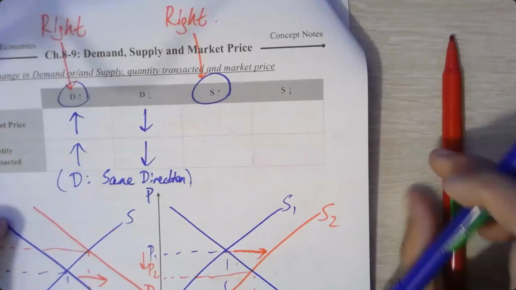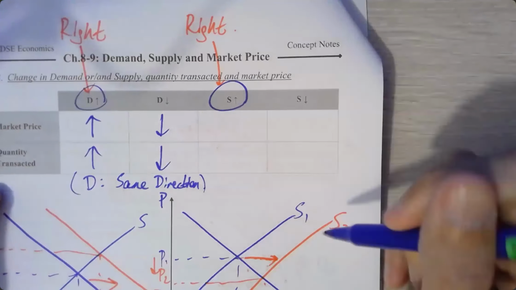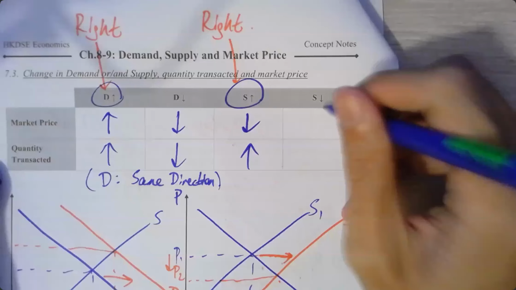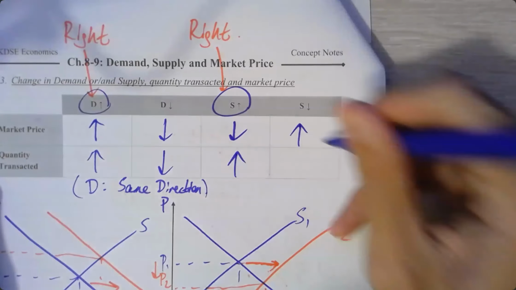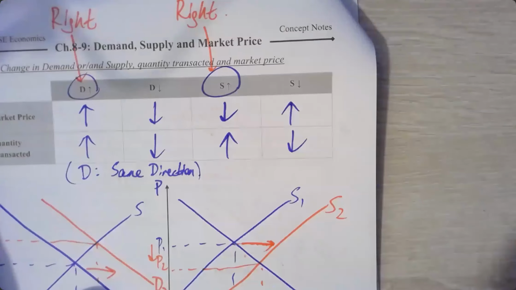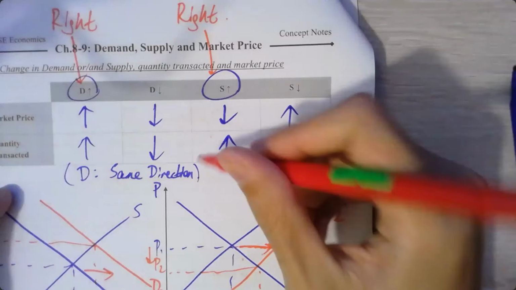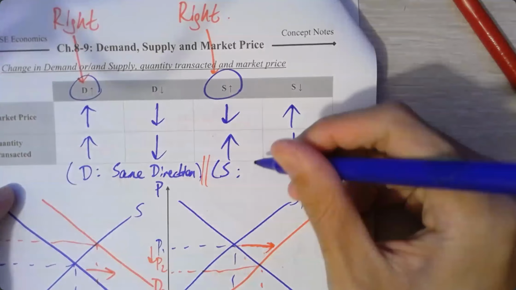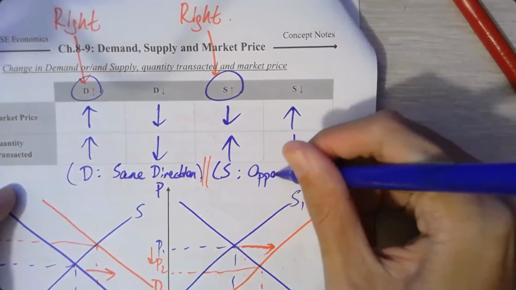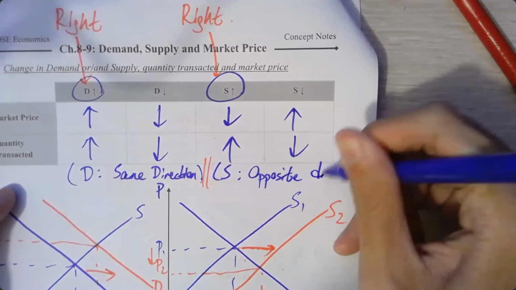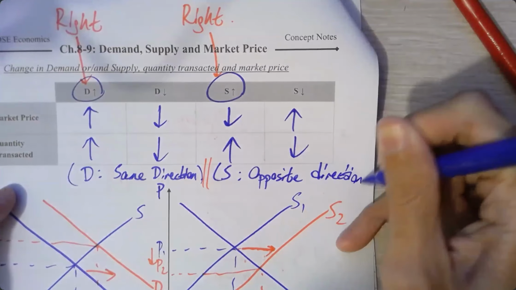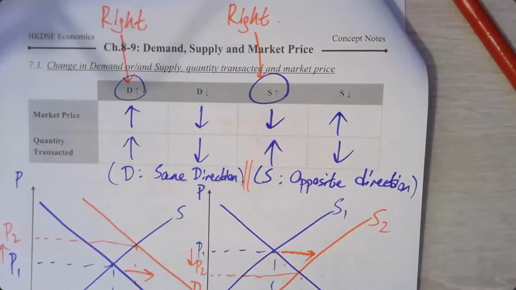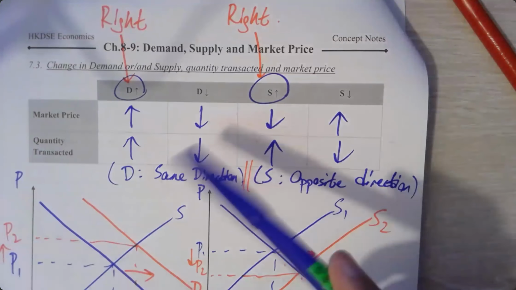Therefore, we see the effect when supply increases: market price decreases, QT increases. 倒轉啦，when supply decreases, market price increases, QT decreases. You will see for supply, they go in opposite directions. 係倒轉㗎。得唔得？Again, I do not intend to go into the details of how to recognize all this.